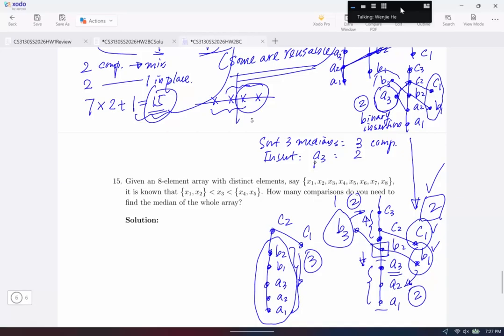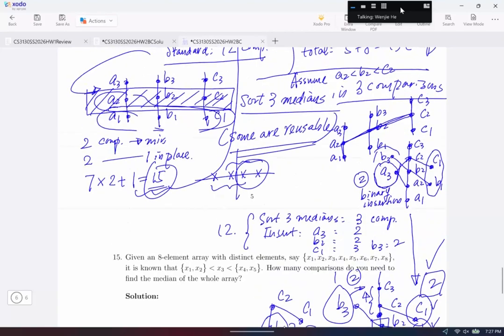Then B1, 2 comparisons. C1, 3 comparisons. B3, 2 comparisons. Right? So total 12 comparisons. 3, 3, 2, 2, 2. 12 comparisons.